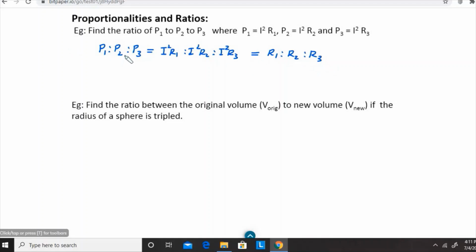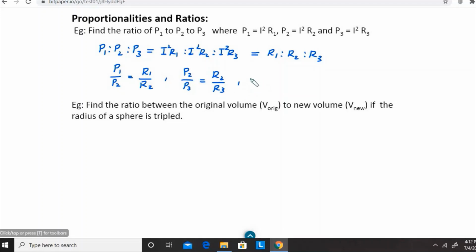Another way to express the same relationship is to use fractions. So I can write the same thing as P1 over P2 is equal to R1 over R2. And also I can write P2 to P3 is equal to R2 to R3.